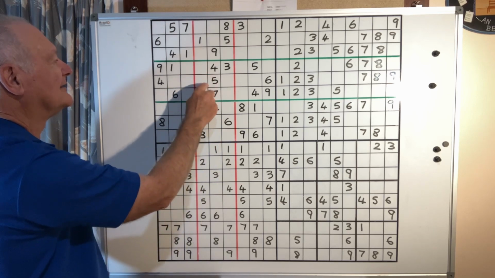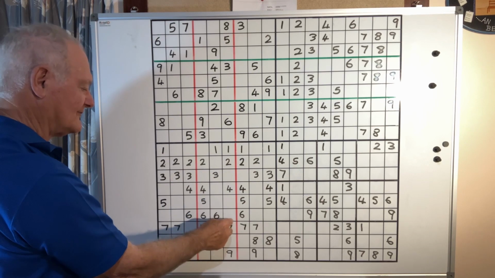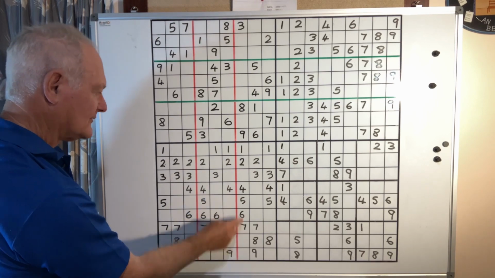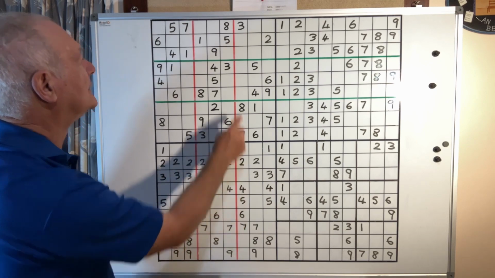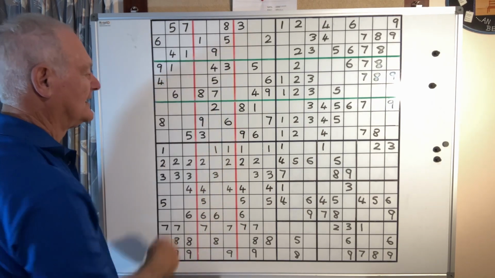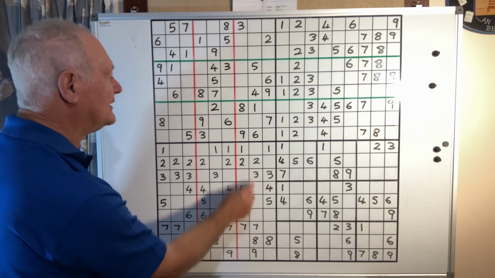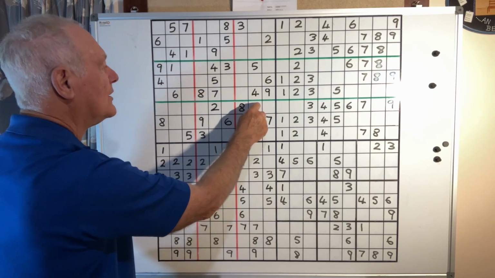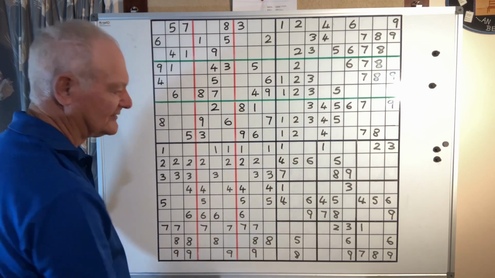Stay here. 3, 5, 6, 8. Aha. Glad I checked that. 3, 8, 9. 1, 4, 5, 6. And that's how you check it.